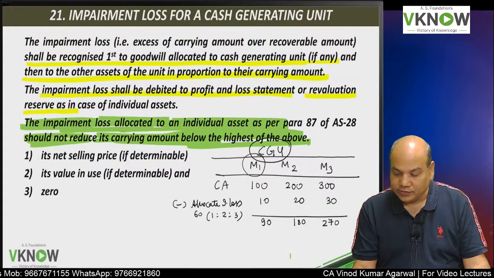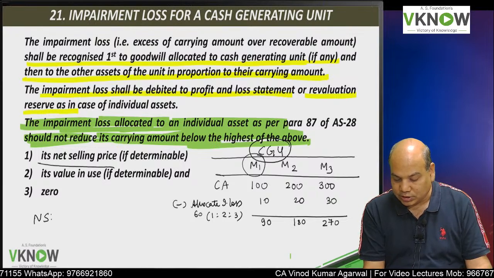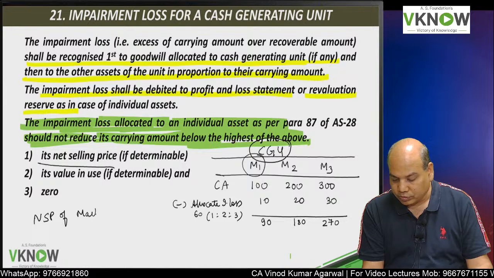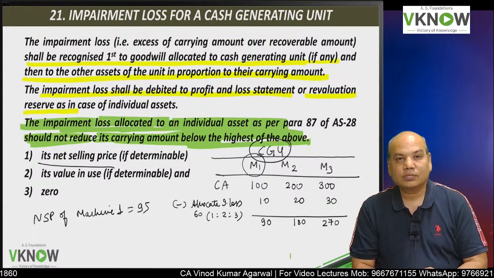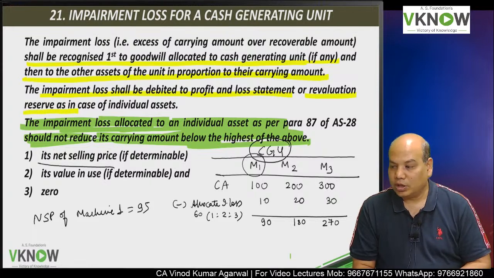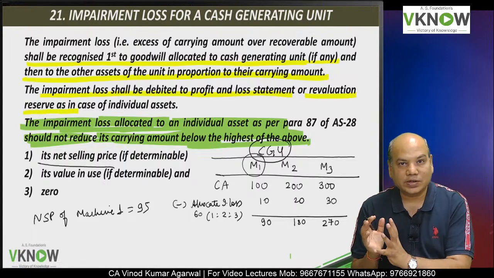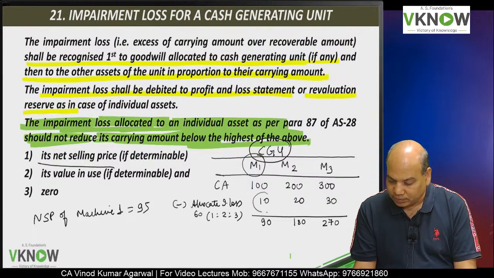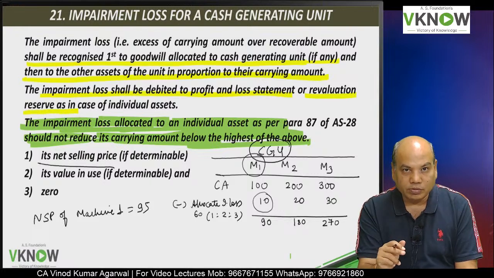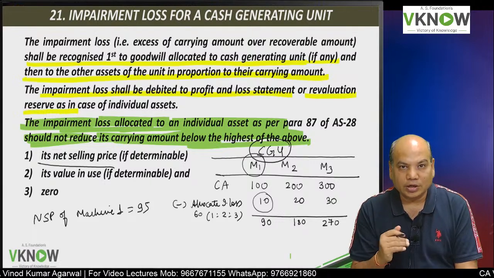Suppose, for example, the net selling price of machine 1 is 95. If I sell machine 1, I'll get 95, and it is determinable. What this standard is saying is that after providing impairment loss, it cannot be reduced below the higher of the three.